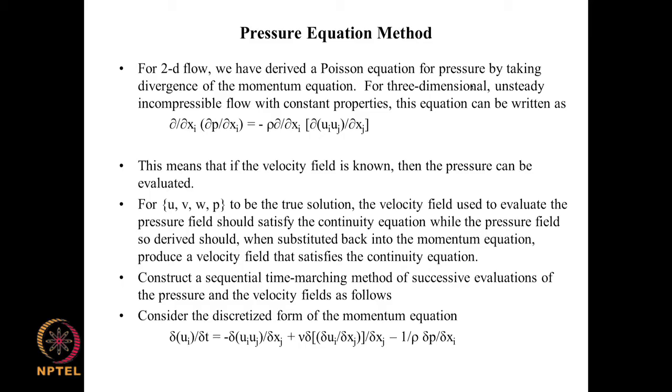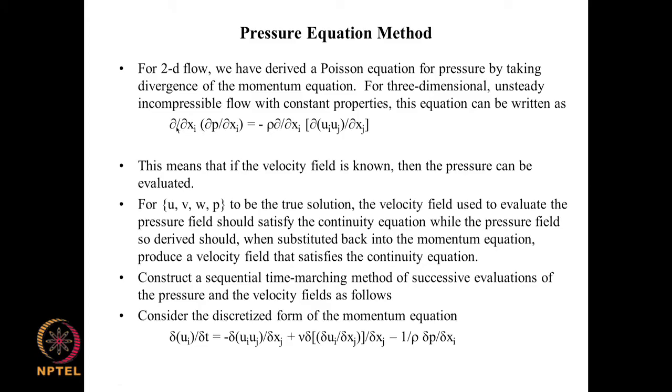For 3-dimensional unsteady incompressible flow with constant properties, the same Poisson equation for pressure can be written in this compact way using the index notation format, that is ∂/∂xi of ∂p/∂xi. In this term the index i is repeating, and therefore this implies sum over the 3 values of i that it can take.